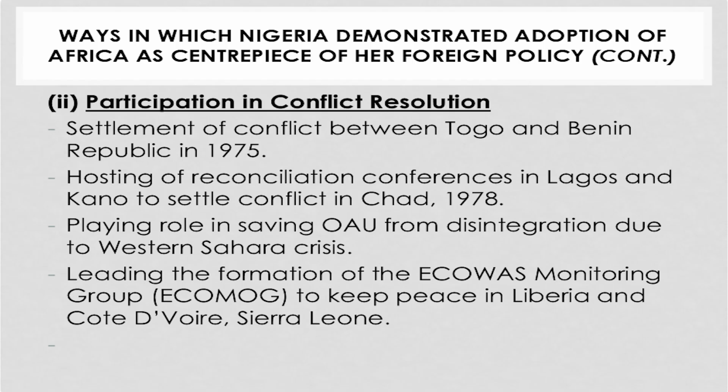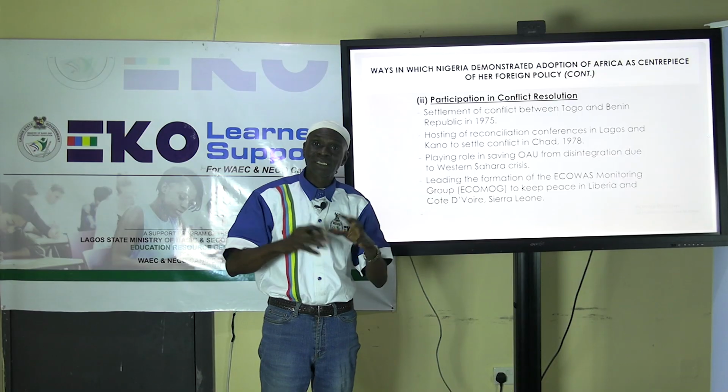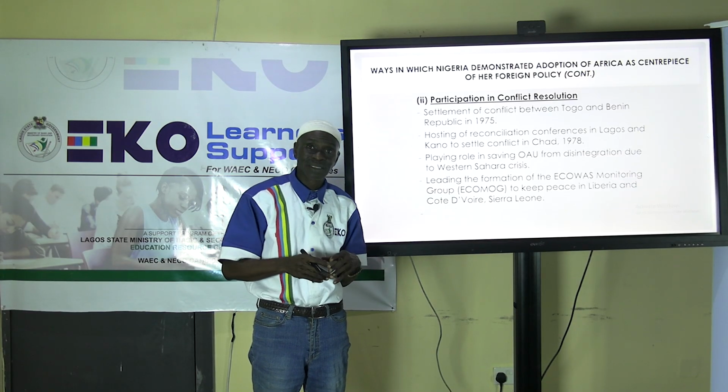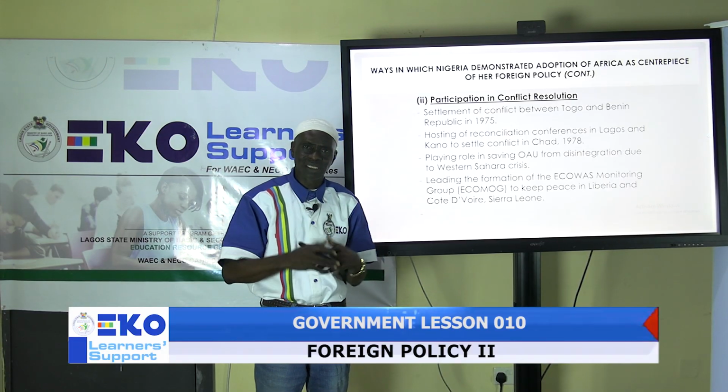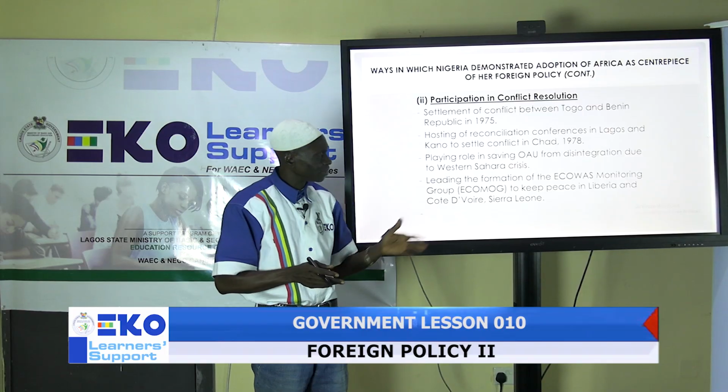Then, leading the formation of ECOWAS Monitoring Group, that is ECOMOG. ECOWAS Monitoring Group is a group of troops that were gathered to maintain peace in countries like Liberia, Cote d'Ivoire, and Sierra Leone. A lot of things happened. Crises and conflicts, fights, damages to properties, killings here and there in these countries mentioned.